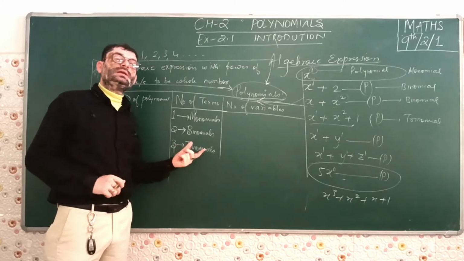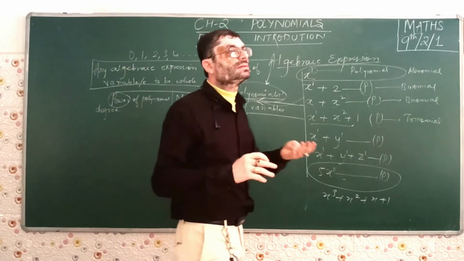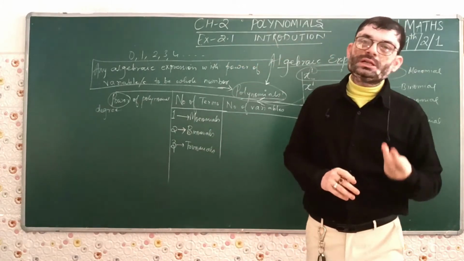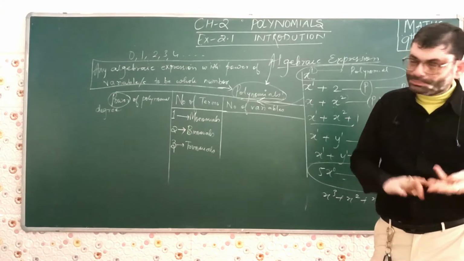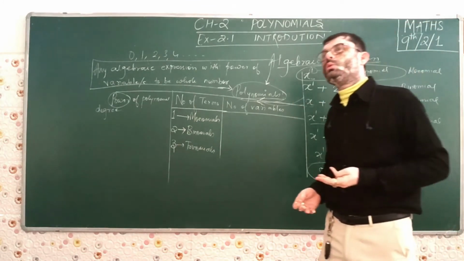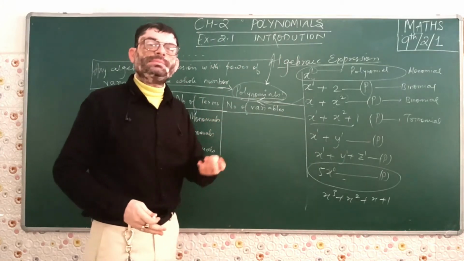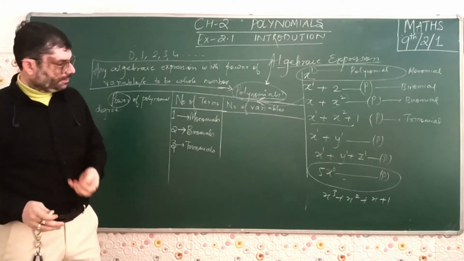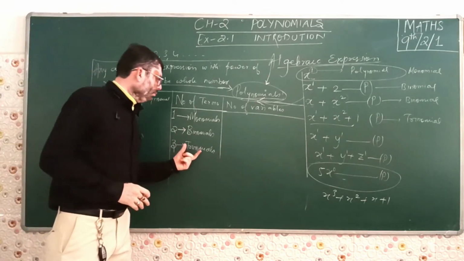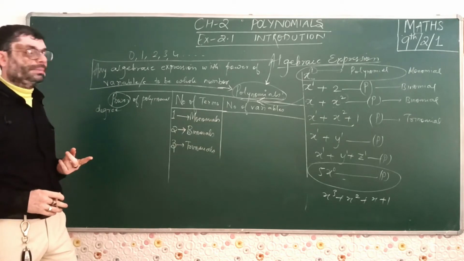A trinomial is also a polynomial. So monomial, binomial and trinomial are the simplest forms of polynomials with number of terms 1, 2 and 3. But if the number of terms are more than 3, say 4, 5, 6, 7, we simply call them a polynomial.